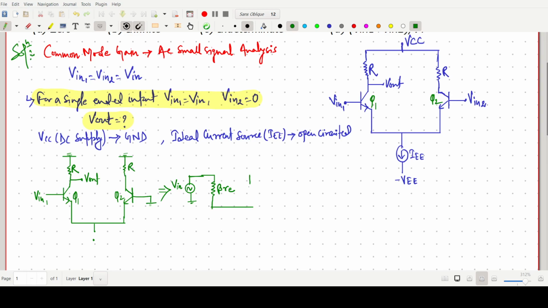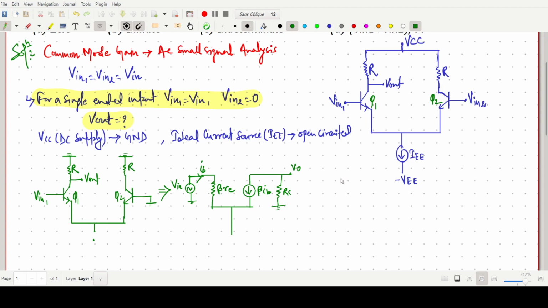We have to draw a very simple AC model, and it should be beta i_b for the transistor. This current is simply our i_b, the AC current, so both the symbol and subscript are in small letters. One R_C resistance will be there, and this one will be grounded, so it should be our V naught, with emitter, base, collector, emitter.